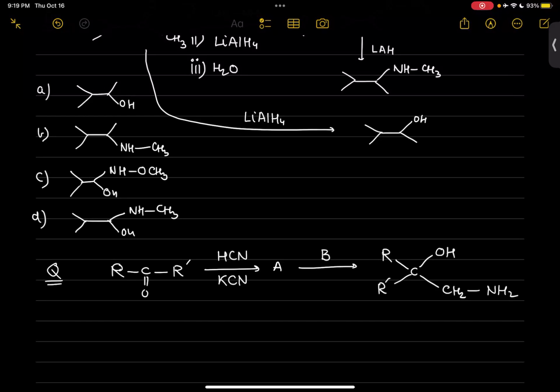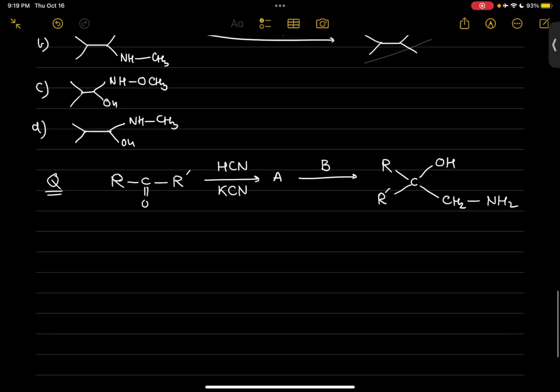Got it? A and B are... A is the product of this reaction, first part. B is the reactant with which A is reacted. Got it?